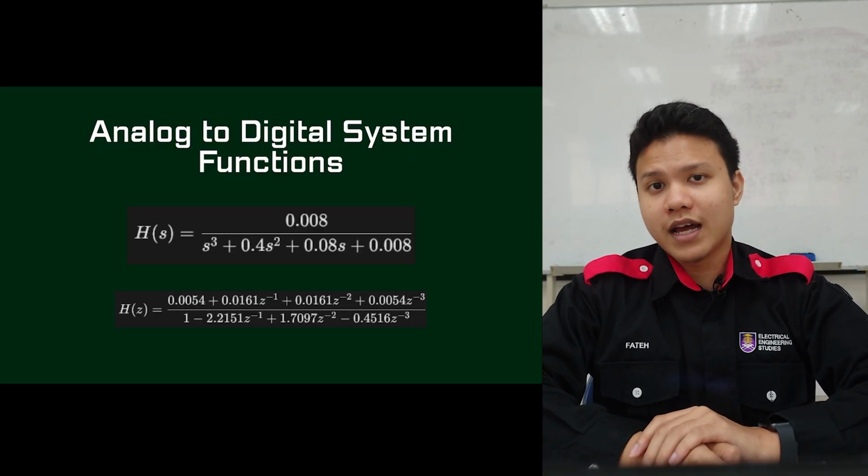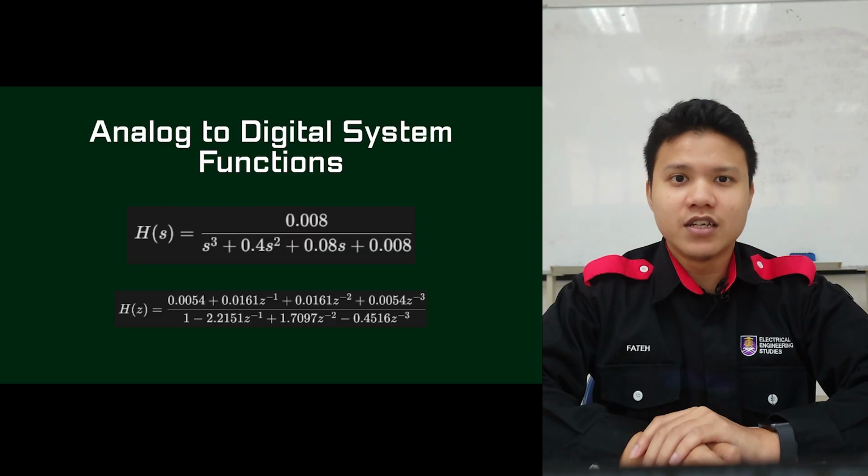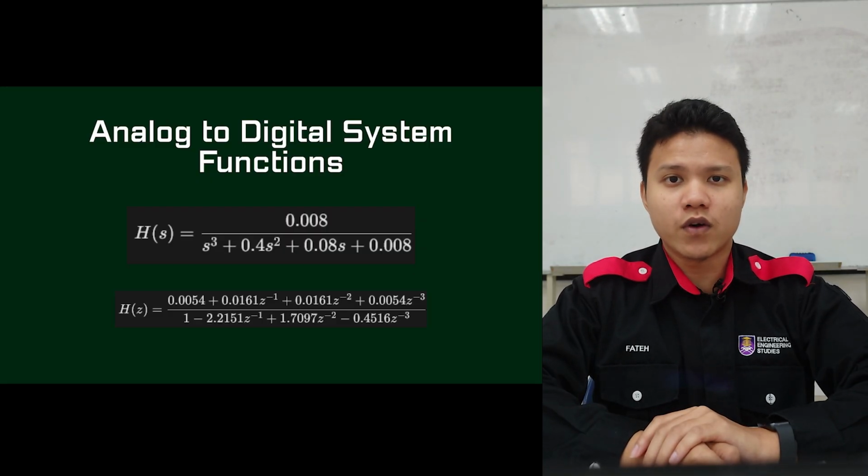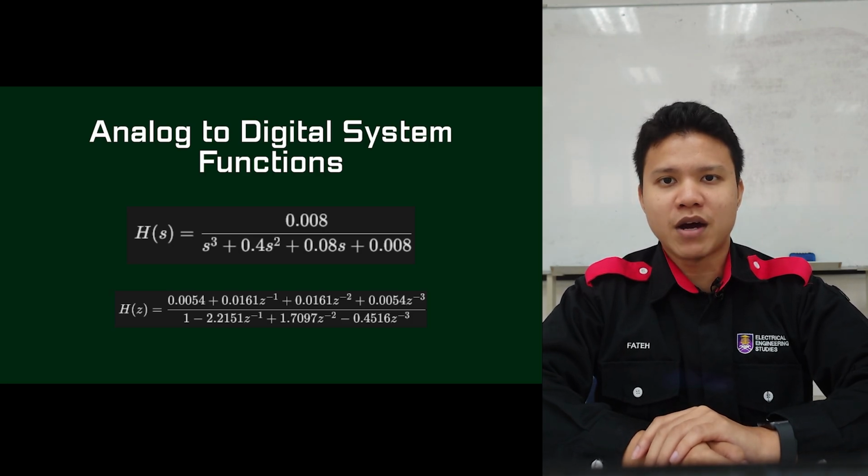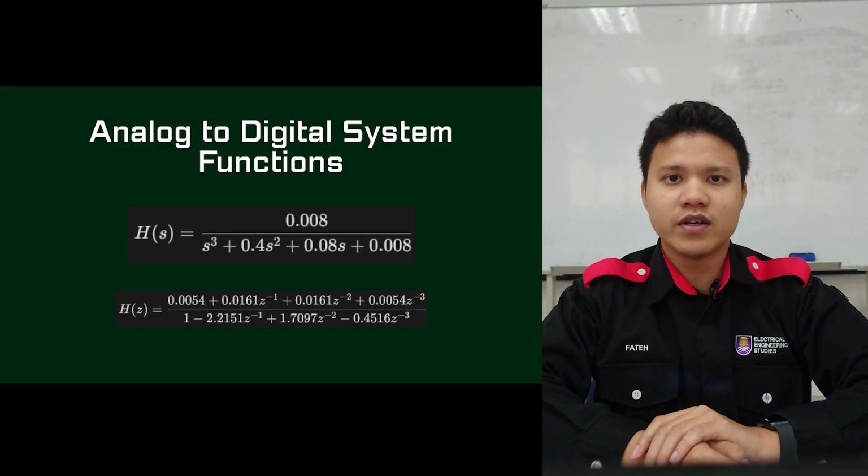Take a close look at the numerator coefficients: 0.0054, 0.0161 z to the power negative 1, 0.0161 z to the power negative 2, and 0.0054 z to the power negative 3.